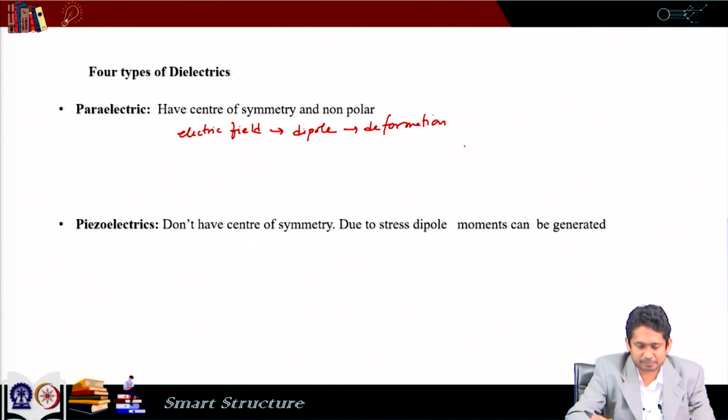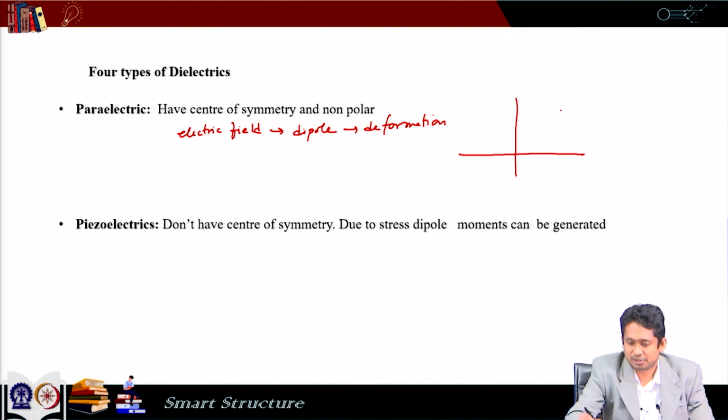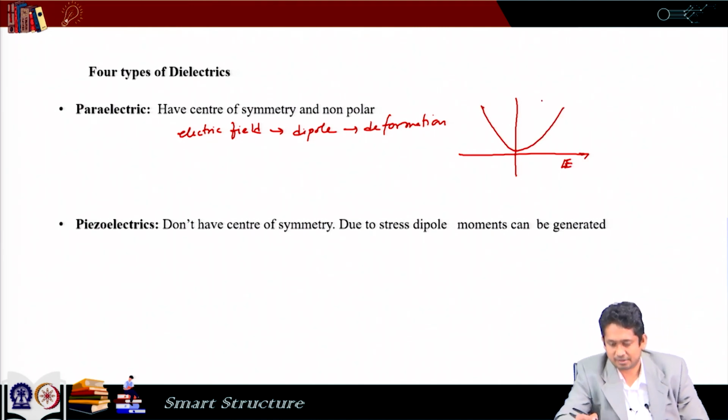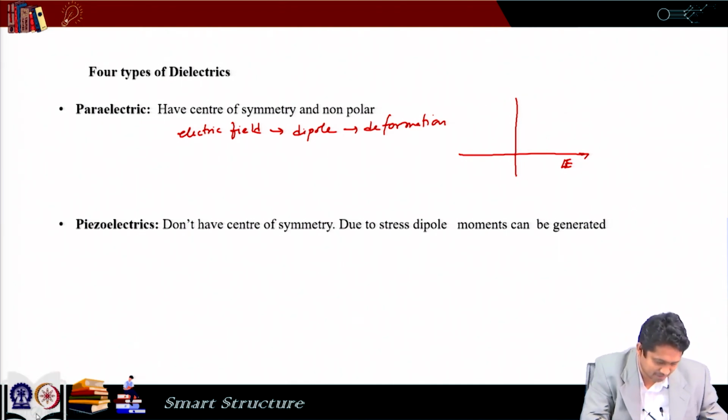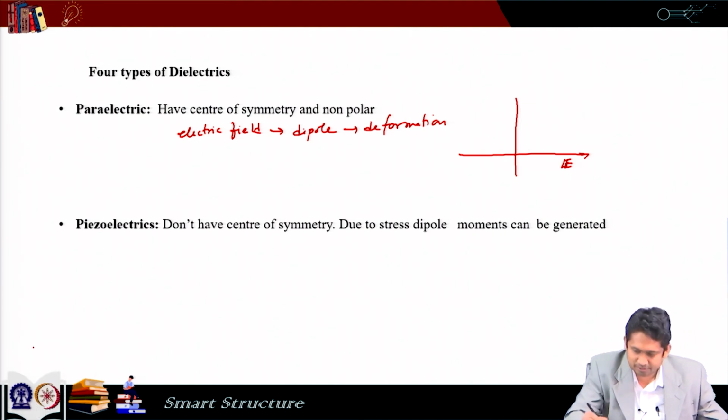Here, the relation between the deformation and electric field is proportional to the square. So, if we plot the electric field and the deformation, it looks like this. It should look kind of symmetric with respect to the vertical axis.